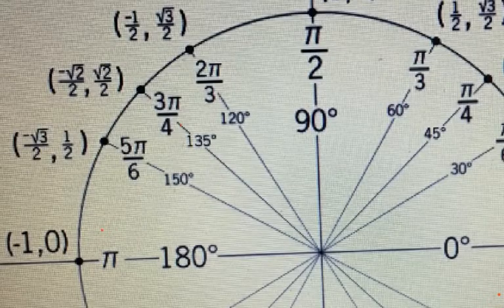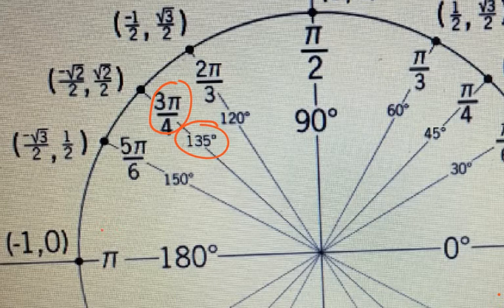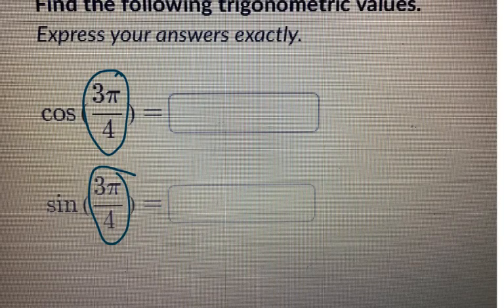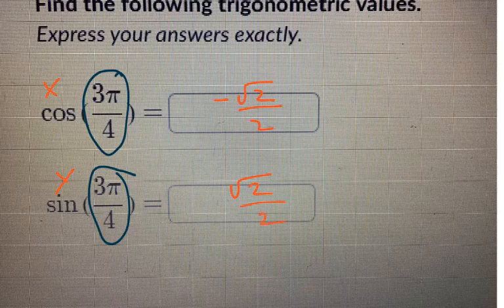Excellent. Okay. Hey, here's 3 pi over 4, which, by the way, is 135 degrees, if you want to know. Okay. But here's our answers. The x is negative square root 2 over 2. The y is positive square root 2 over 2. So the cosine, which is x, is negative square root 2 over 2. The y, which is our sine, is positive square root 2 over 2.